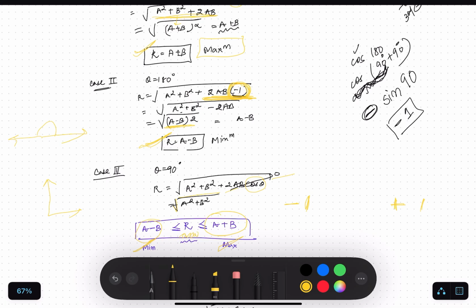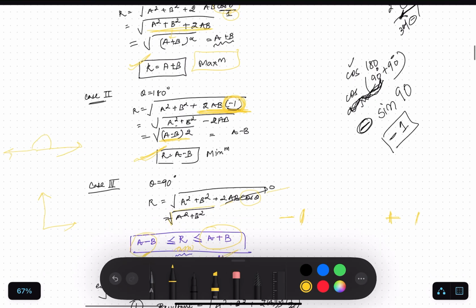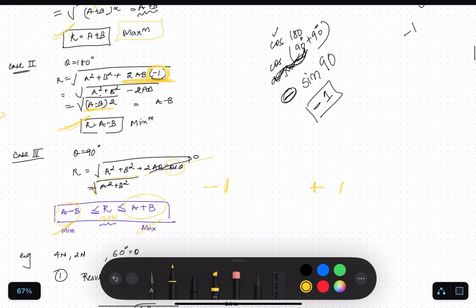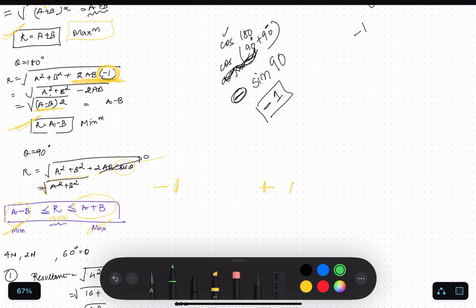So are you going to write all of these in your notes copy? I'm telling you side by side how you have to make your formula copy as well. So here on the side I'm telling you what you are going to write in your formula copy. After those three formulas, you will write special cases, and you'll write a minus b or a plus b.